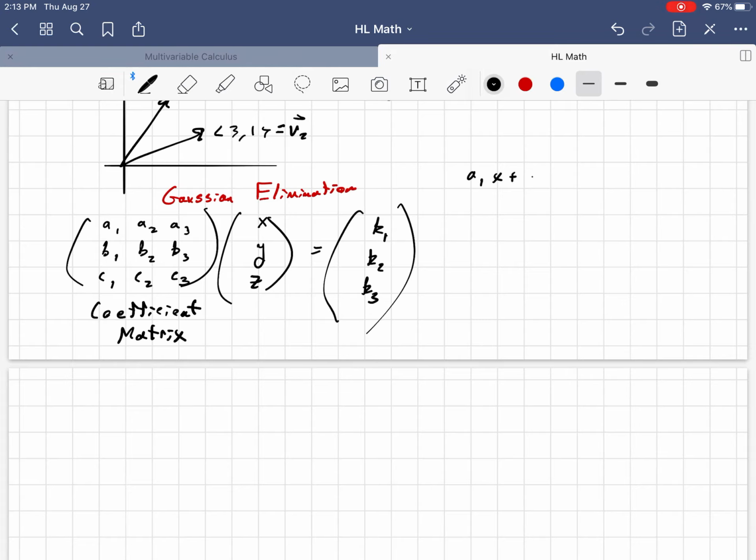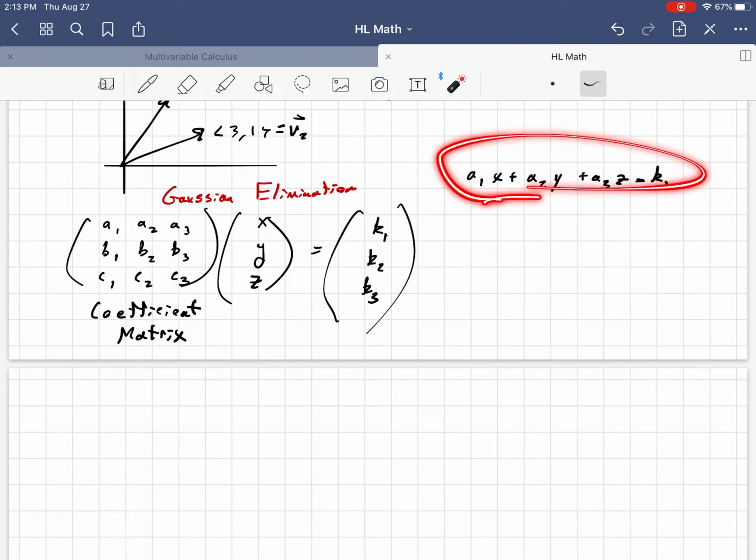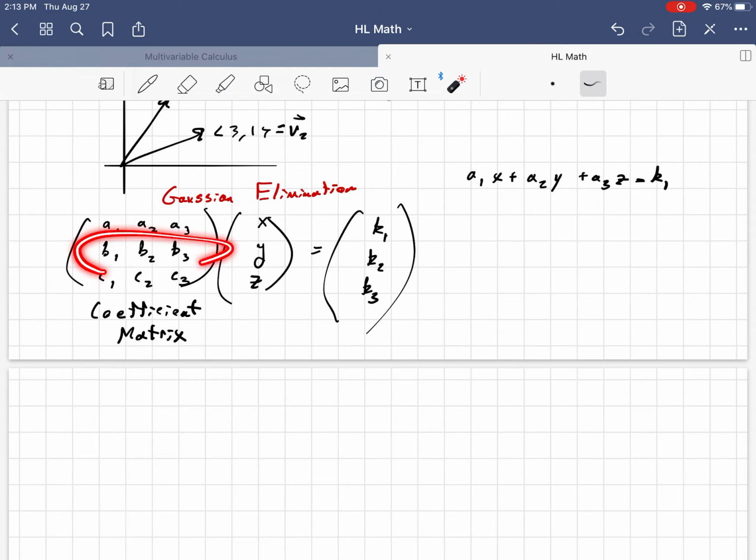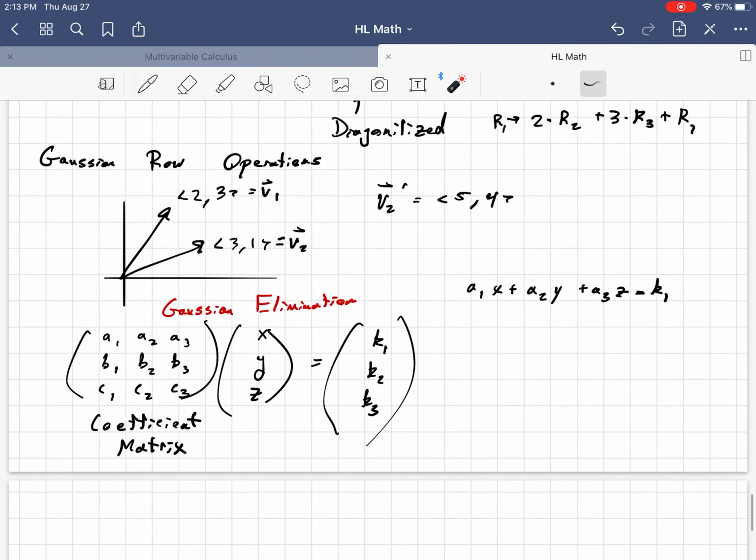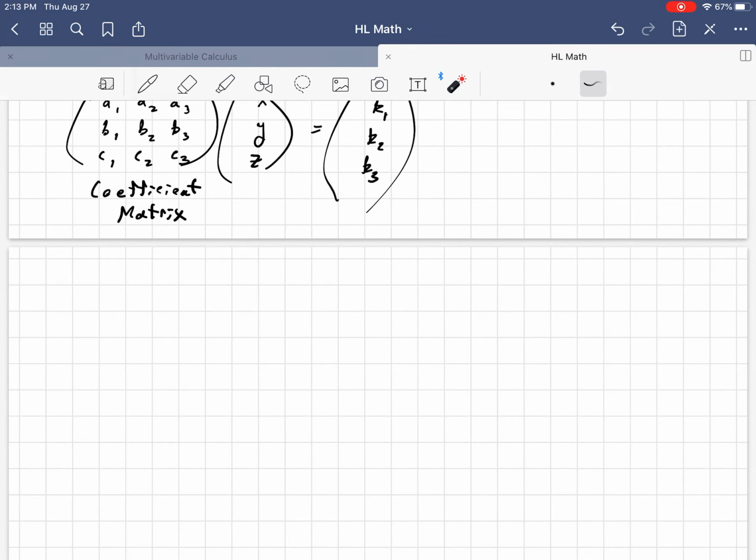A sub 1 x plus a sub 2 y plus a sub 3 z is equal to k sub 1. What this represents geometrically is a plane in 3 space. And likewise, if we were to go along the second row, we'd get another plane and a third plane. And since they're all linearly independent of one another, that means the 3 planes aren't scalar multiples of one another in their planar equations.